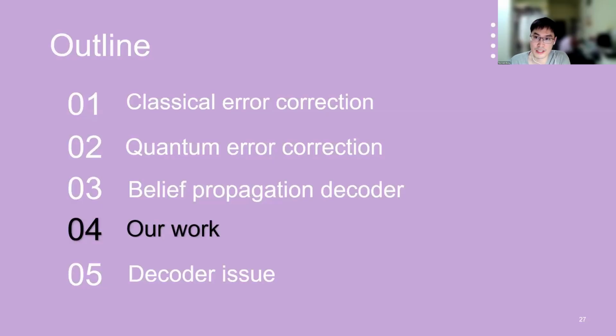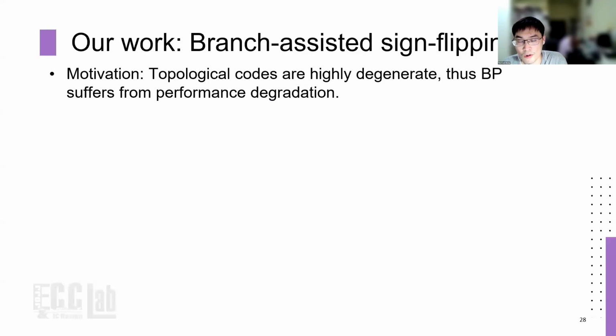So now I will present our work on the BP decoder. Since topological codes are highly degenerate, the BP will suffer from performance degradation. So our work is to improve the BP decoder on topological codes such as surface codes and toric codes.